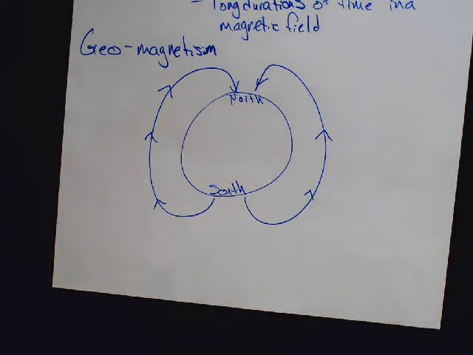Now, you'll also notice that I keep avoiding using the words north and south for the poles of the magnet. I do that because north and south, to me, talk about geography. If I say that way and I say north, I'm talking about going that way towards the North Pole in geography.